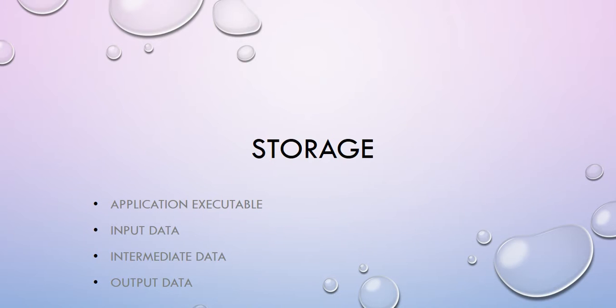So now let's talk about the storage, so how everything is getting stored. To run the workflow, we need to allocate storage for four things, which are application executables, input data, intermediate data, and output data.